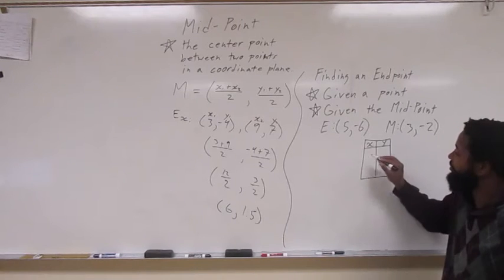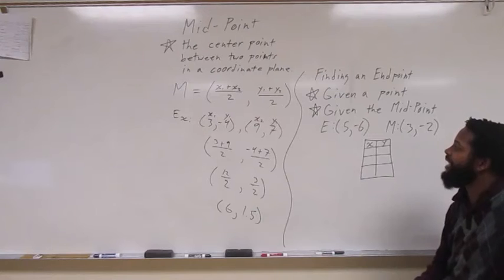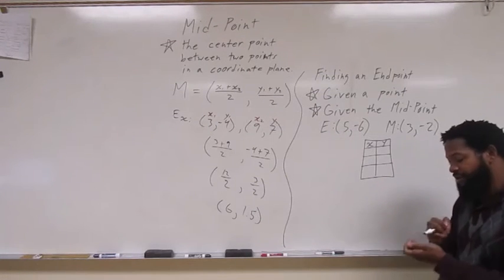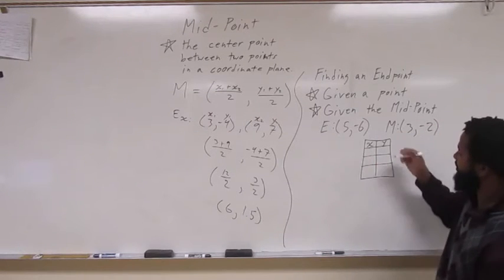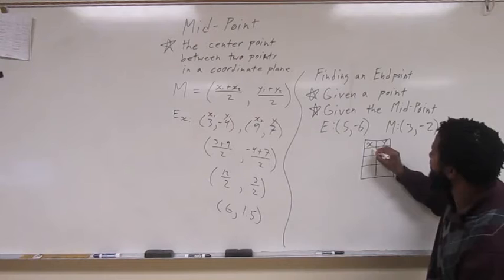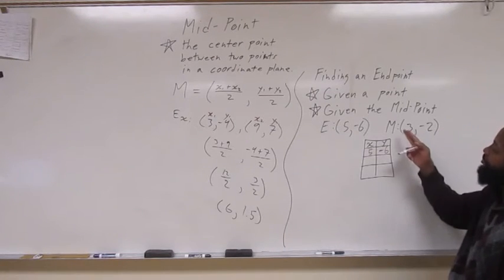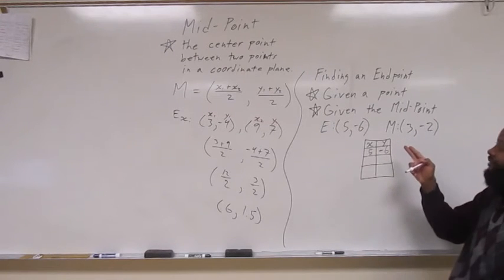So looking at this, you know that this is an endpoint, so we're going to put our endpoint first. 5, -6. And we're going to put our midpoint second, okay?